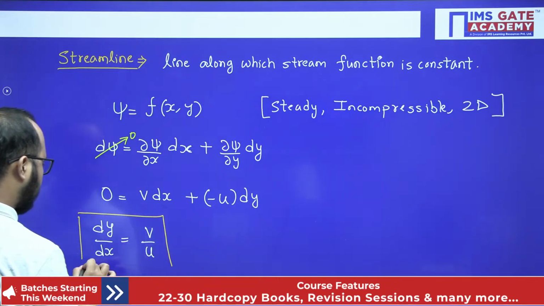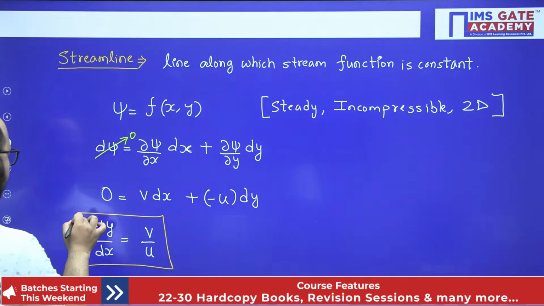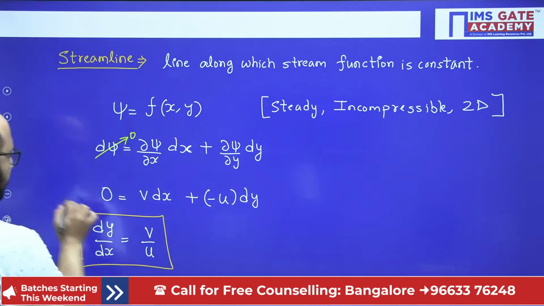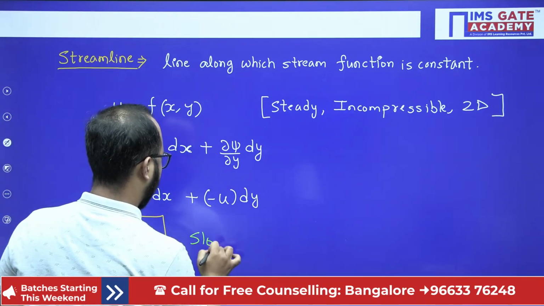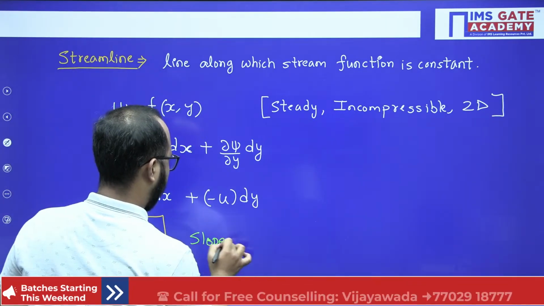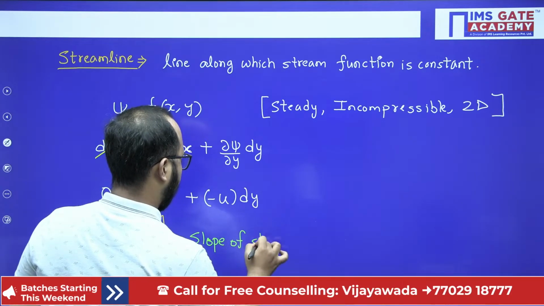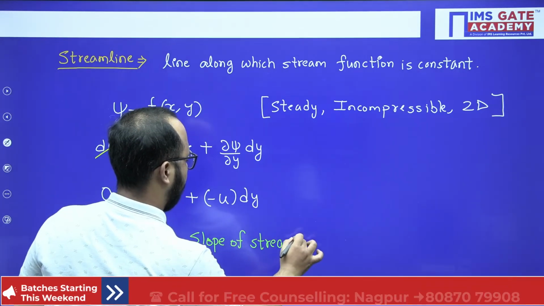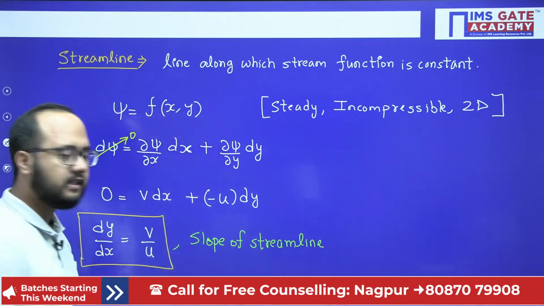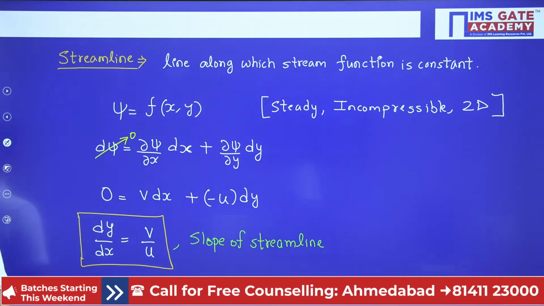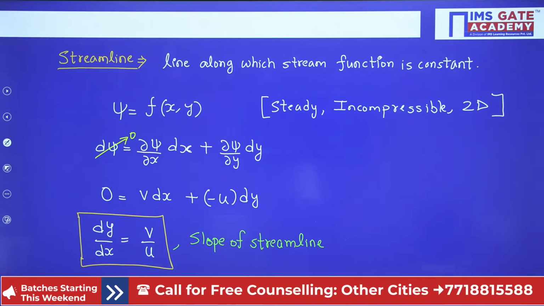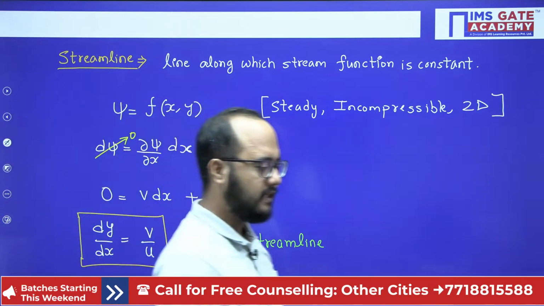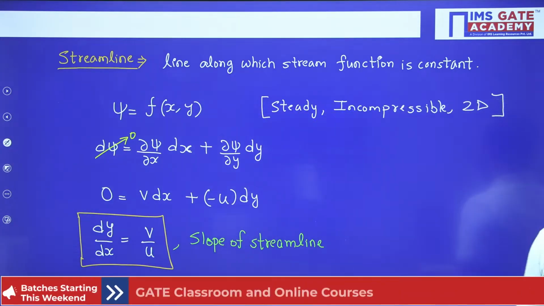So this is the slope of the streamline. This much basic part you should understand, right?